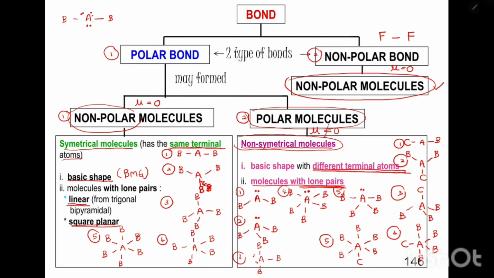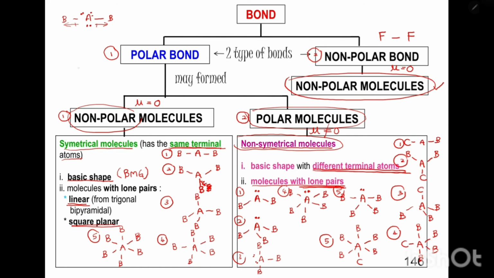This linear comes from trigonal bipyramidal, where we have 2 bonding pairs and 3 lone pairs. So we can see that this is linear in shape. Linear with 2 same terminal atoms means it is symmetrical. When it is symmetrical, the dipole moments can cancel each other. Therefore it is non-polar molecule.